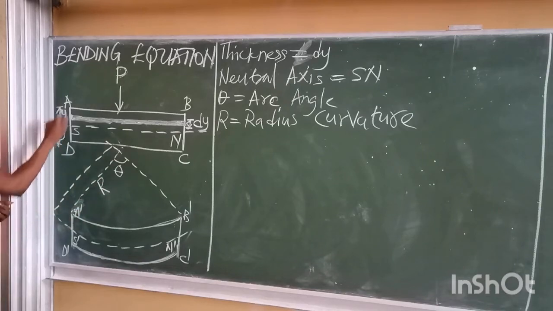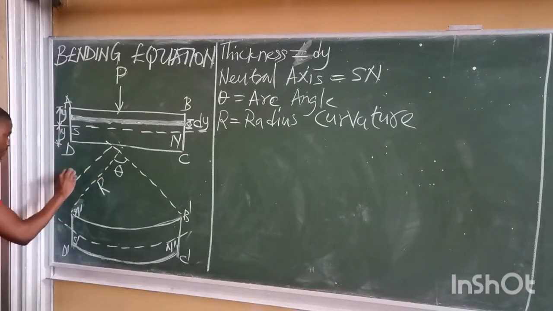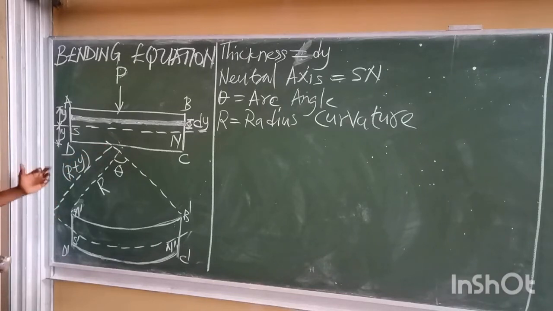So if we are simply saying from A to the neutral axis is y, now from the center to the neutral axis simply becomes what now? It becomes simply r plus y. That becomes the distance from the center to the neutral axis. Okay, if from the center to A prime after the bend, we call it radius of curvature, which is r due to the bend, of course.